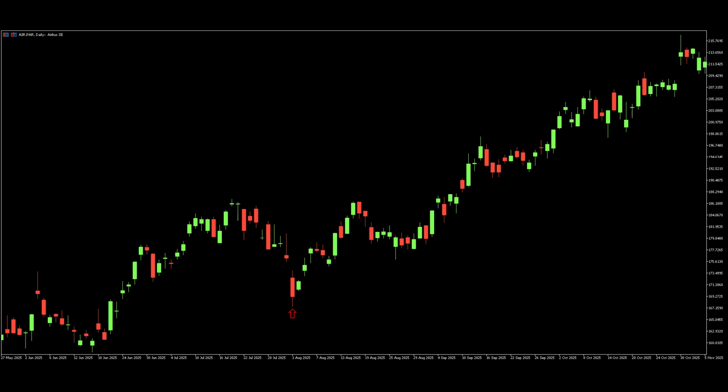In this example, you can see a bullish harami. This is a tiny candle inside of an extended bearish candle. You can see a gap before it which shows the power of sellers in the market, and you can see right after that the uptrend started.